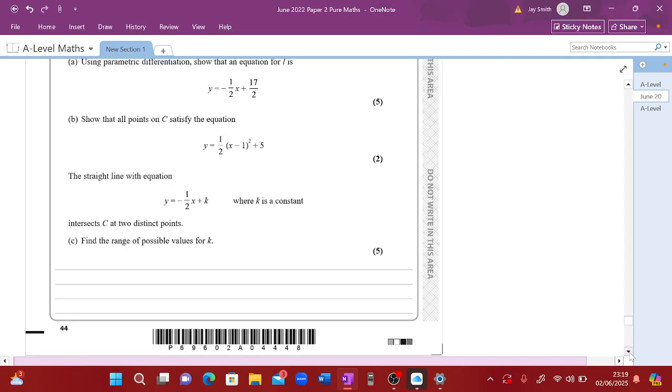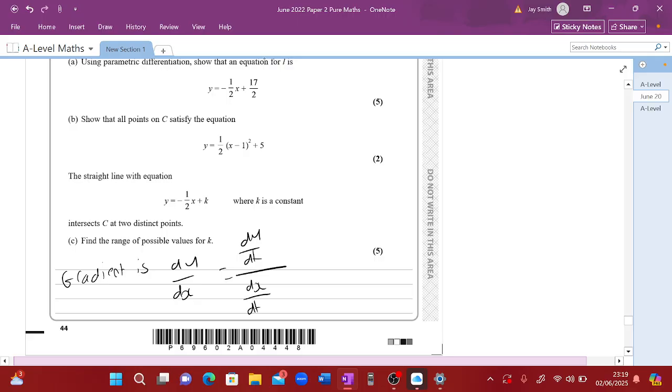Okay. So part A, use parametric differentiation. To find a gradient, obviously that's going to be dy by dx. So our gradient is dy/dx, but it is parametric. So this is the same as saying dy/dt over dx/dt.